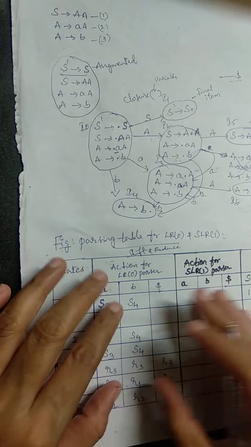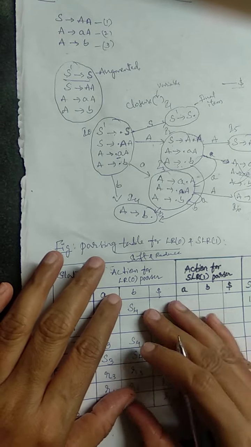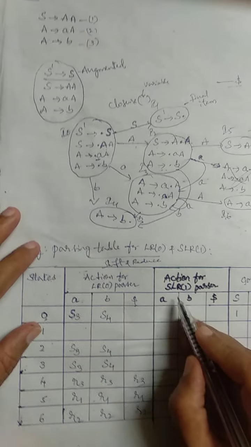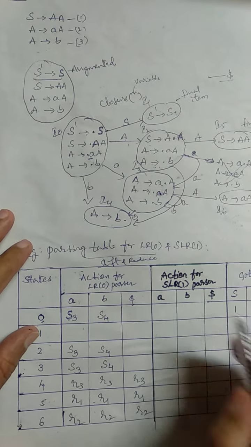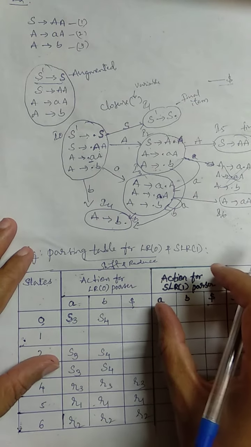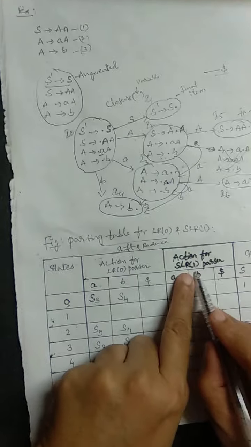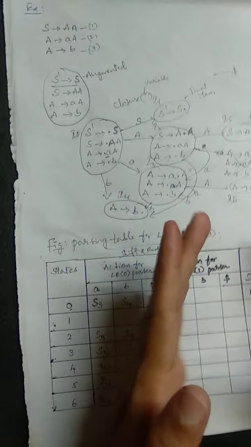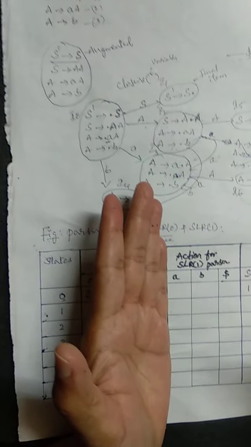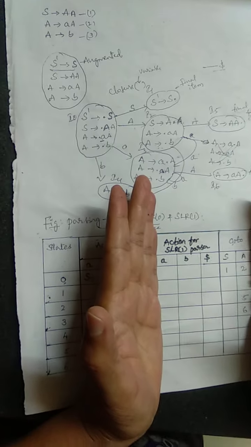Okay, action. Now I'll show you the difference from LR0 to SLR1. So next, when you are going to write the action table for SLR1, if I consider this, it becomes the complete SLR1 parsing table.